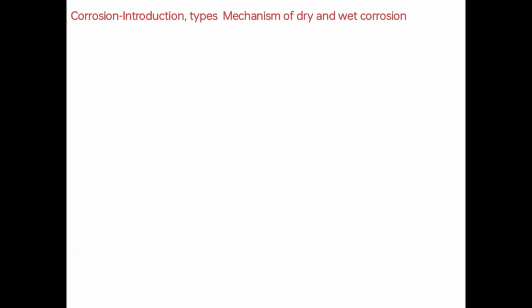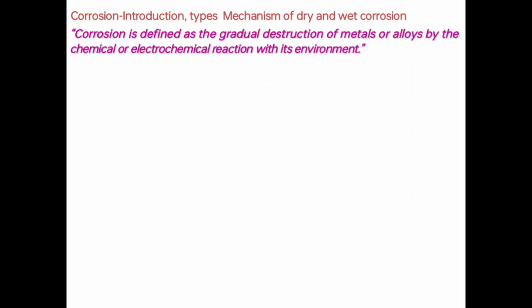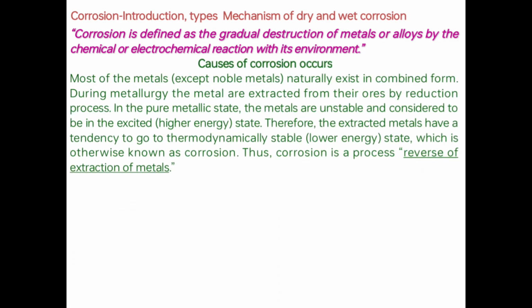Corrosion: introduction, types, mechanisms, and dry and wet corrosion. Corrosion is defined as the gradual destruction of metals or alloys by chemical or electrochemical reactions with their environment. Causes of corrosion: most of the metals, except noble metals, naturally exist in a combined form.